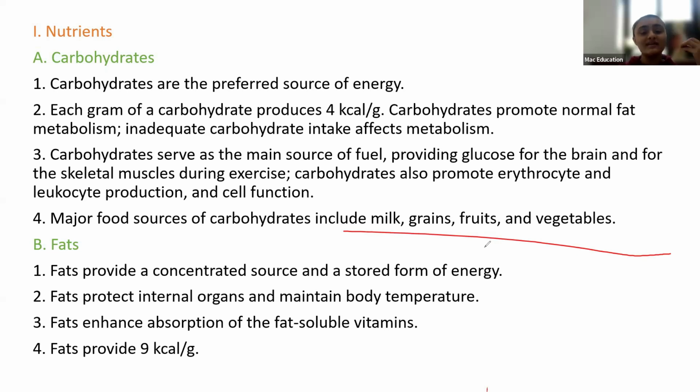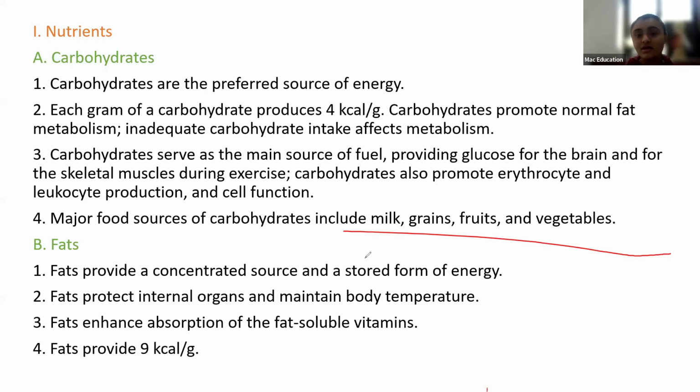Next macronutrient is fat. Fat provides a concentrated source and a stored form of energy. When there is no carbohydrate, fat will be utilized. Fat protects the internal organs and maintains the body temperature.